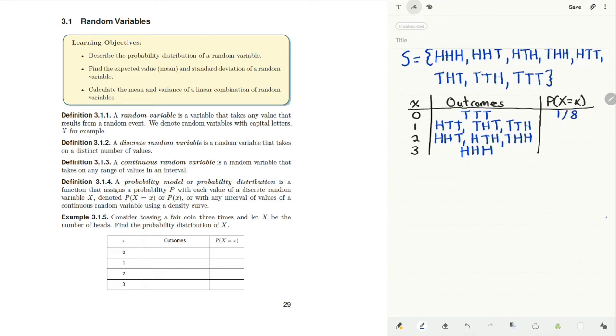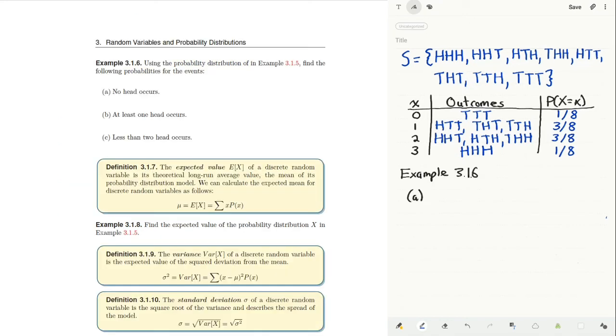The probability for X equals 1, well, there are 3 possible outcomes out of a total of 8, so its probability will be 3 out of 8. Similarly, for X equals 2, there are 3 possible outcomes out of 8 in total. And for X equals 3, there is 1 outcome out of a total of 8. And so this is the probability distribution of X.